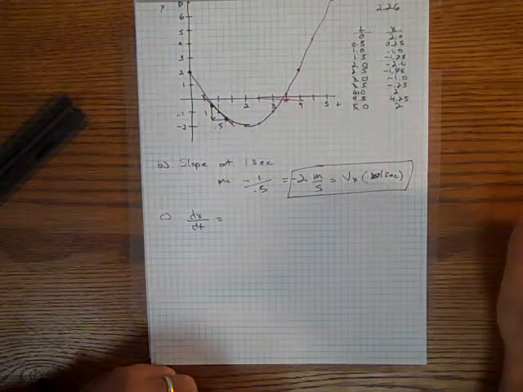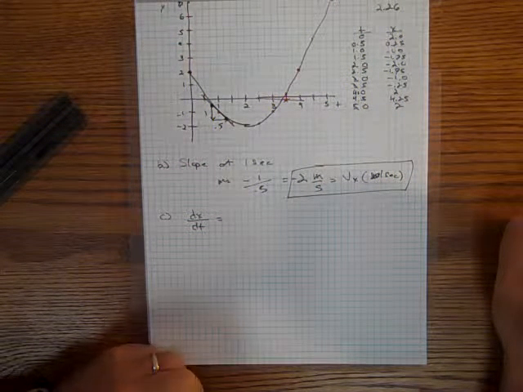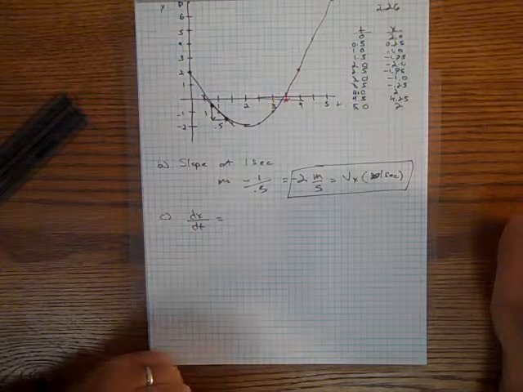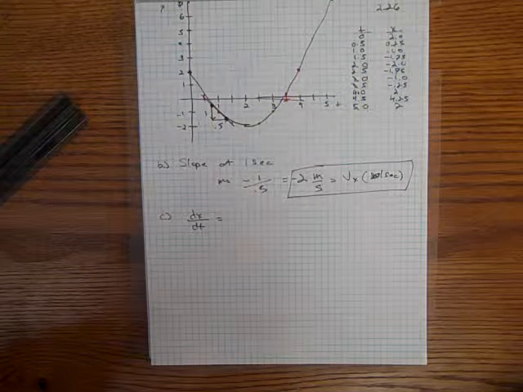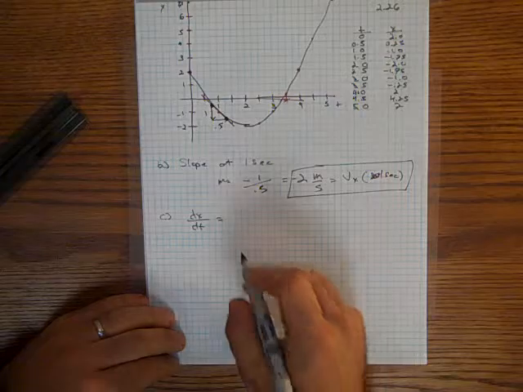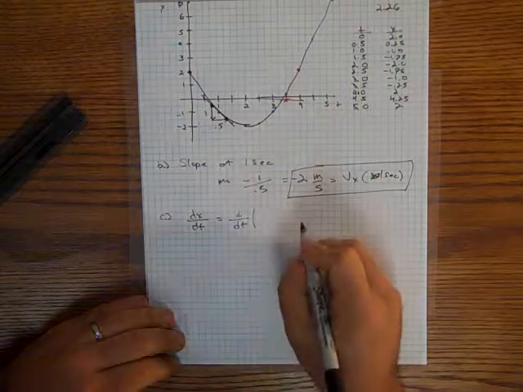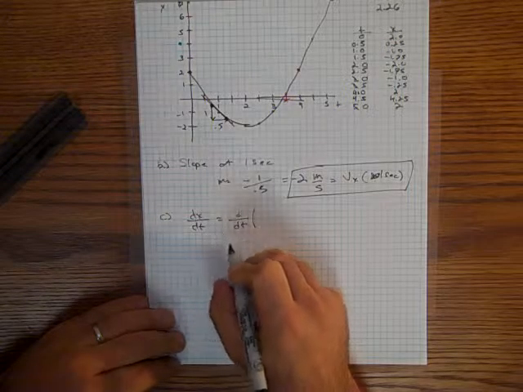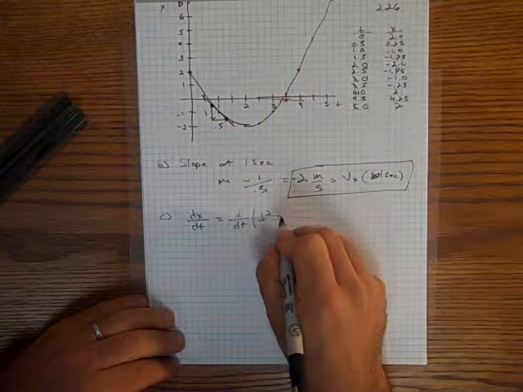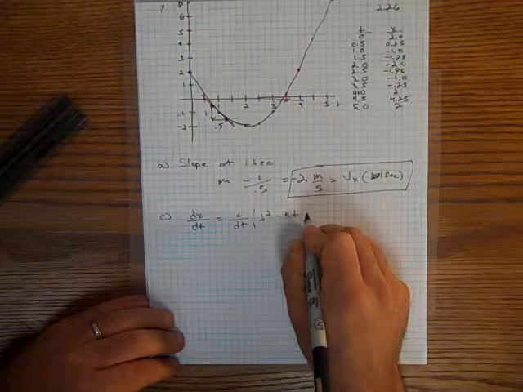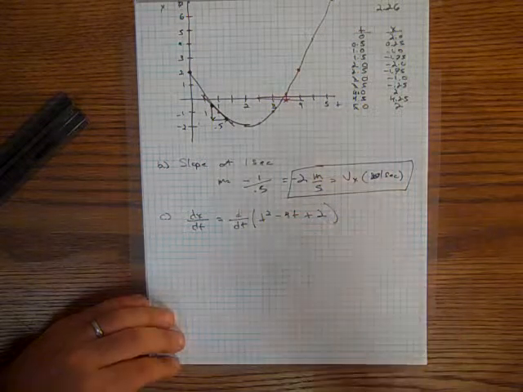Then we're asked to determine the particle's velocity at the same time by taking the derivative. Here's where we have to use the expression. I'm going to take the derivative of the position, which we're told is t squared minus 4t plus 2, in meters.